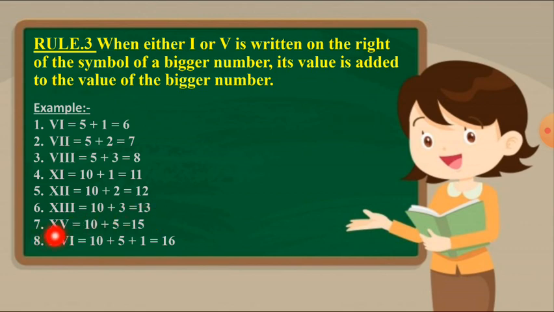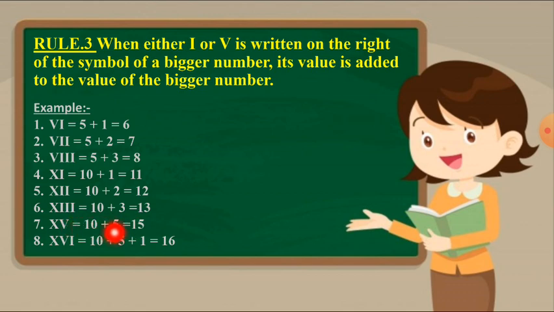Seventh one, X and V. The value of X is how much? 10 and the value of V is 5. So 10 plus 5, your answer is 15. So in 15, how will you write in Roman numerals? X, 5. Eighth example, XVI. So the value of X is 10, the value of V is 5 and the value of I is 1.